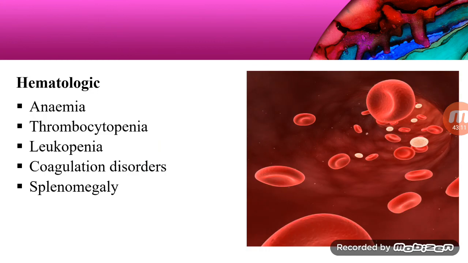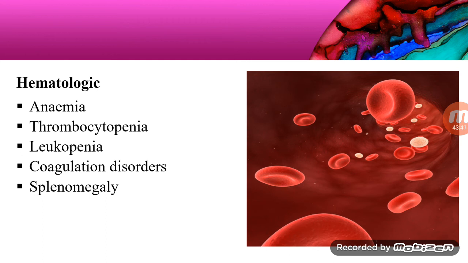So next is hematologic. What are the clinical manifestations you can see in the hematologic system due to liver cirrhosis? First one is anemia, and then thrombocytopenia, which means decreased platelet count, less than normal.